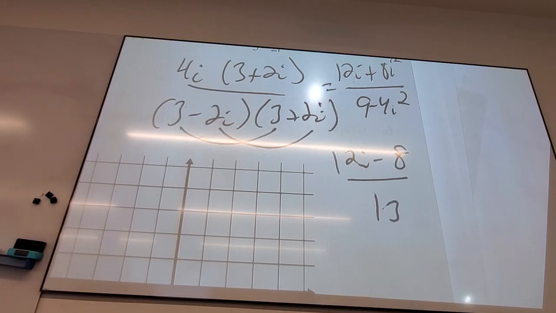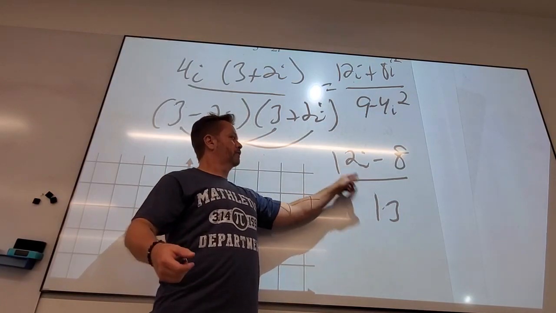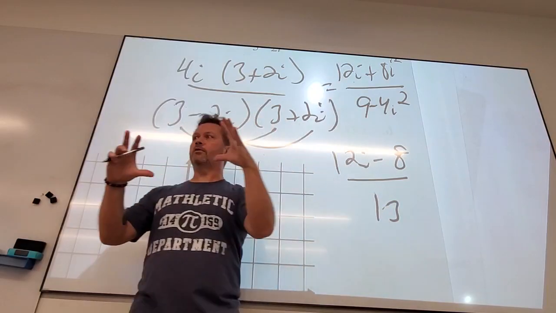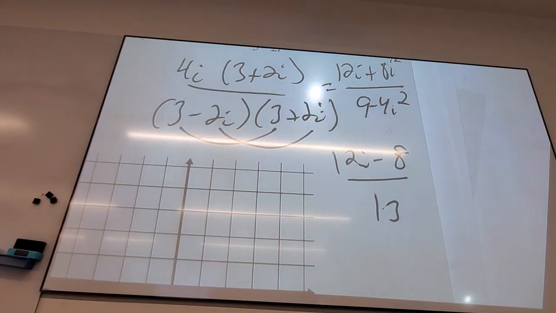So a general complex number is a plus bi. So isn't negative 8/13 like a, and 12/13 like b? So my answer is a complex number. It's in the right form. When I divide two real numbers, I get a real answer. When I divide two complex numbers, I get a complex answer.